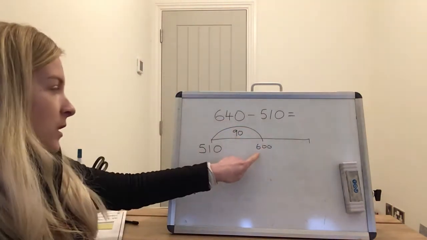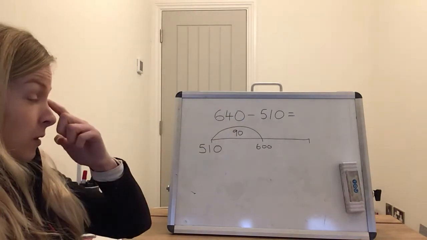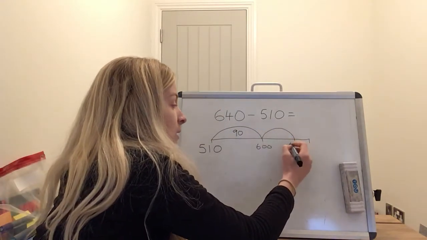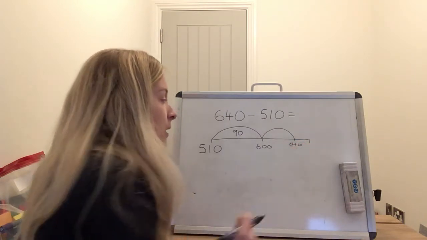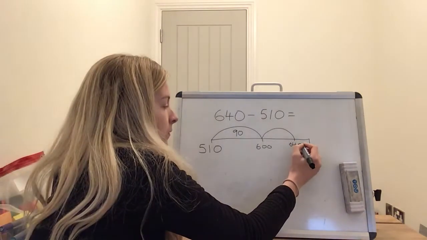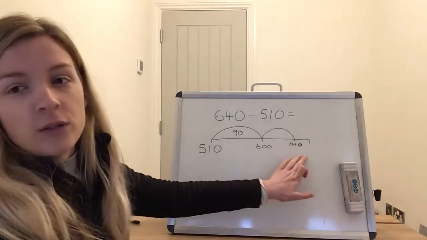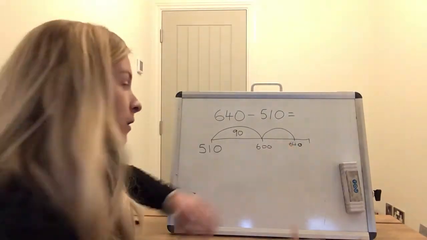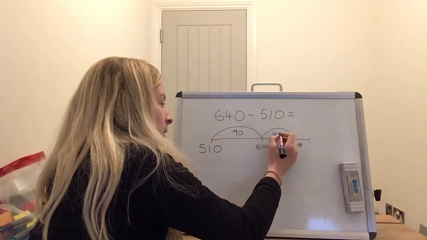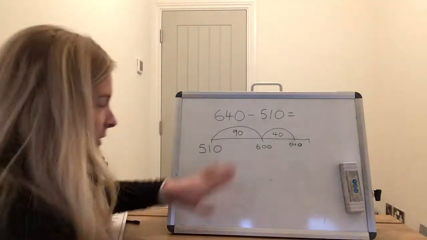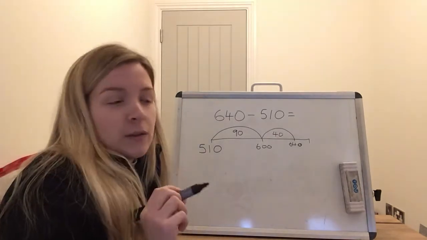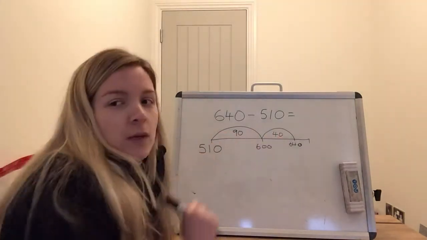So we've got to 600, we still need to get to 640. 600 to 640, the difference between these two numbers is 40. Now all that's left to do is to add my 90 and my 40.